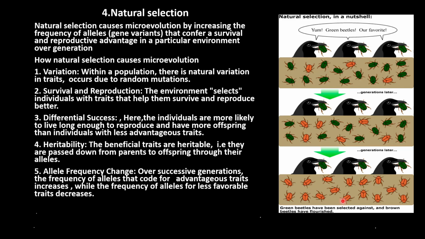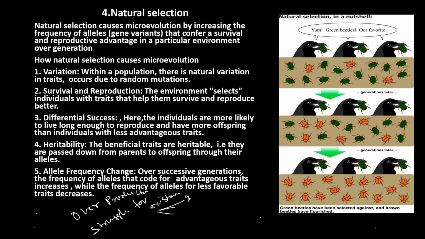Next, this is all about natural selection. But how does natural selection occur? Natural selection occurs due to some factors. Number one is overproduction. Then we struggle for existence. This struggle for existence is also of three types.